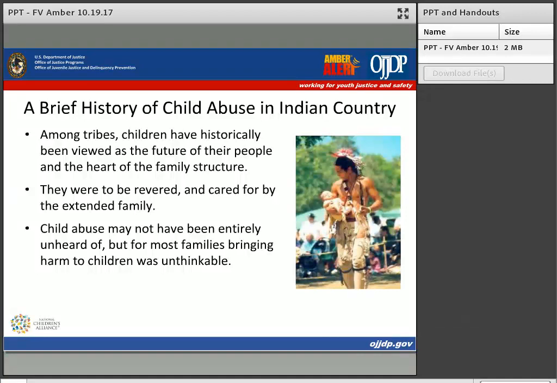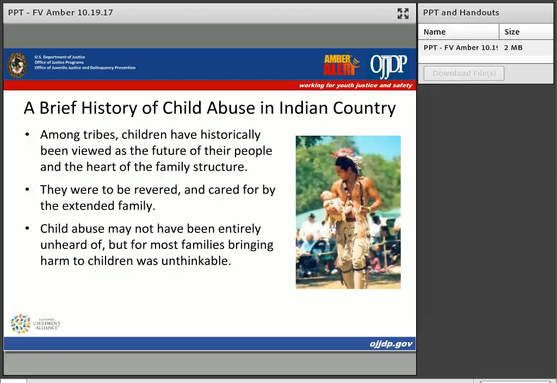I think it's important to understand, in the context of working with these communities, the history of child abuse and other issues that impact tribes. The reality is that in historical culture in tribal communities, children were seen as the heart of the family structure.